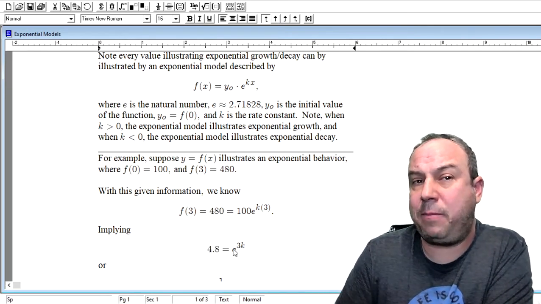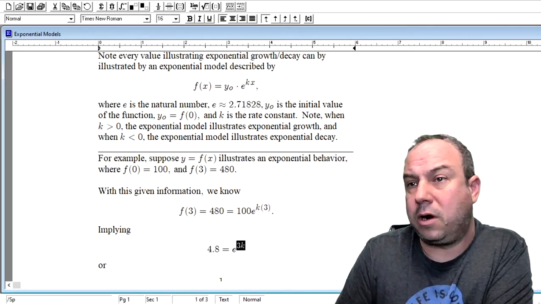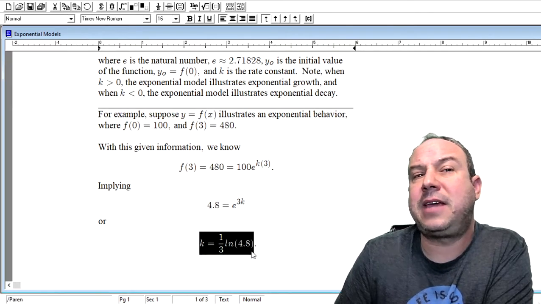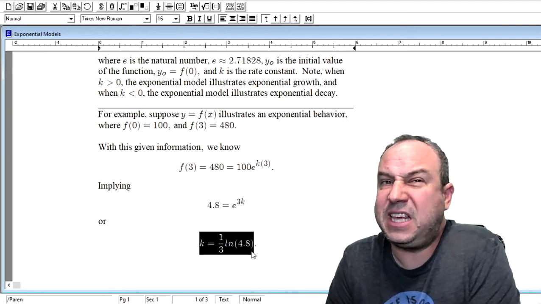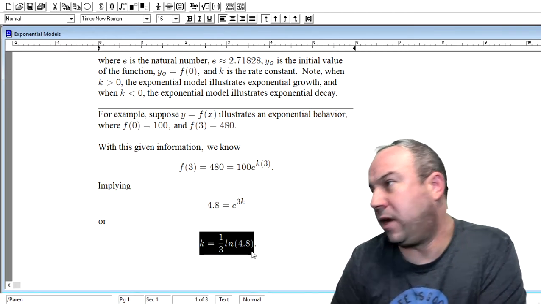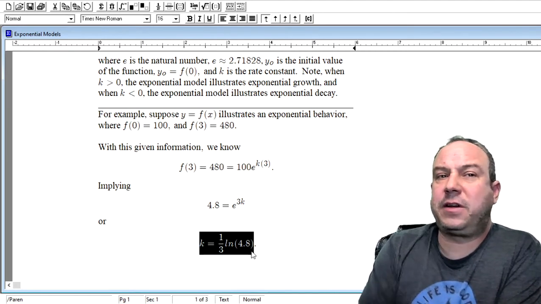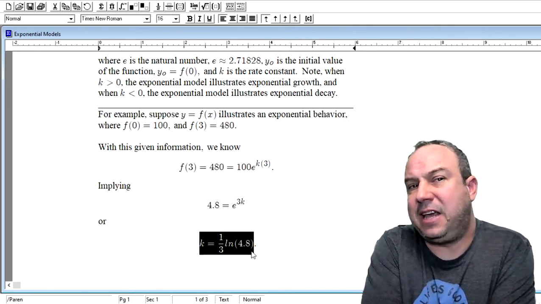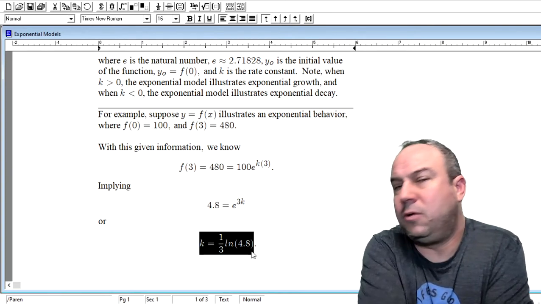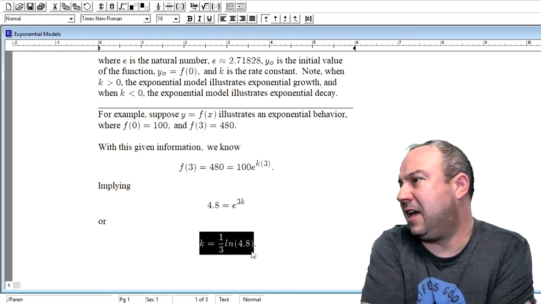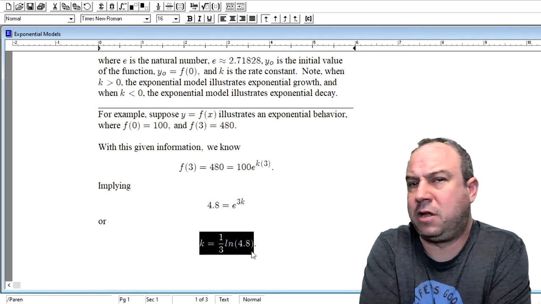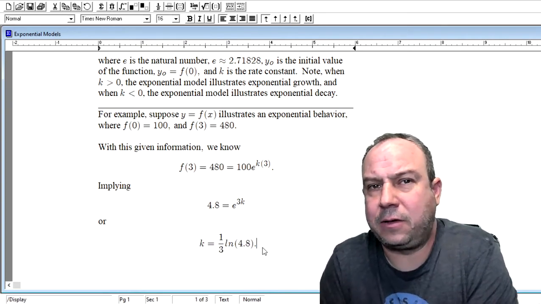to the 3k power. If I apply the natural log to both sides and divide by 3, k must be equal to 1/3 the ln of 4.8. Solving for k, I can find that the rate constant here is given by the exact value of 1/3 the ln of 4.8, the natural log of 4.8 in value.